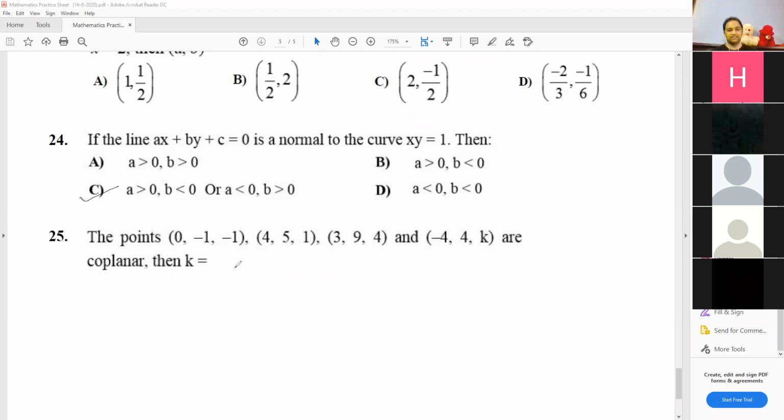And the points are coplanar. What's the condition for 4 points to be coplanar? Scalar triple product of AB, AC, AD must be equal to 0. That will give you the required answer.